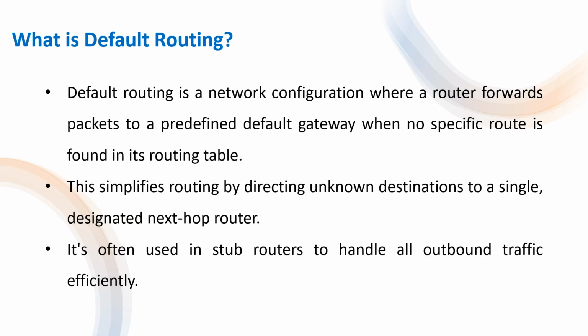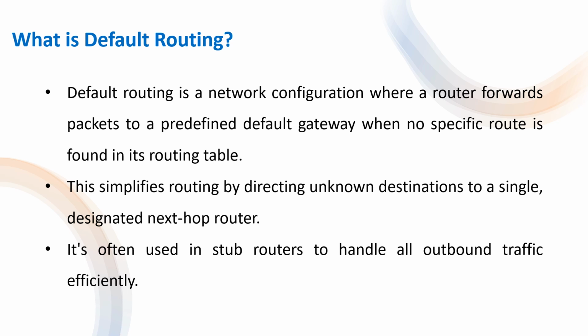What is default routing? Default routing is a simplified network routing technique where a router forwards packets to a default gateway when it does not have a specific route in its routing table for the destination address. This default route acts as a catch-all path, directing packets to a designated next hop router that handles traffic for unknown destinations.